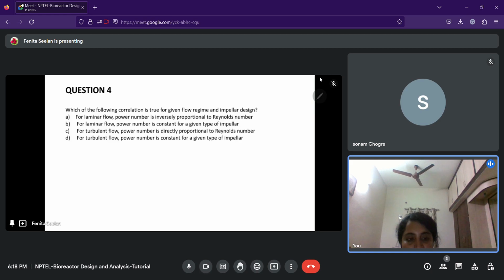Question number 4 is: which of the following correlations is true for a given flow regime and impeller design? We have been given lectures on power number, laminar flow, turbulent flow, Reynolds number, and how they are correlated. So think about those correlations and answer this question.